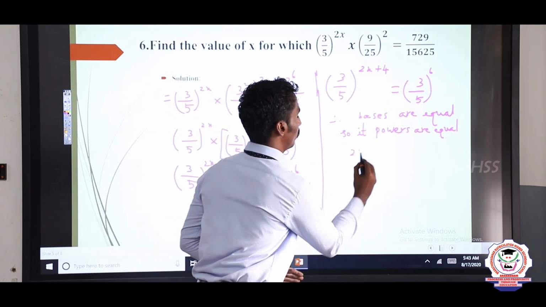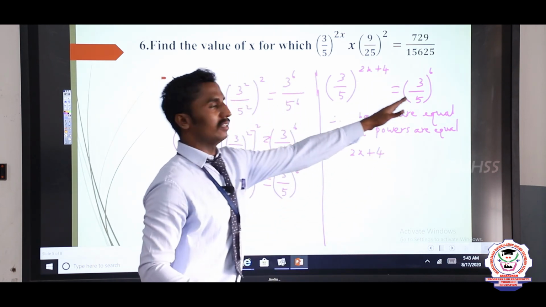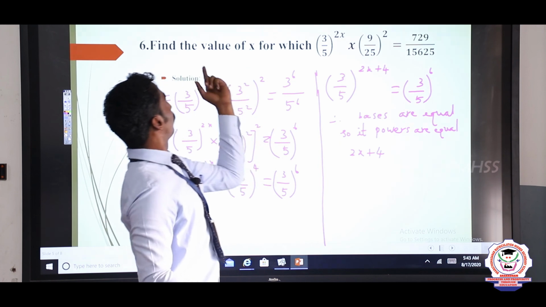So 2x plus 4. Take exponents only, 3 by 5, 3 by 5, same. So we have to find the x value only.